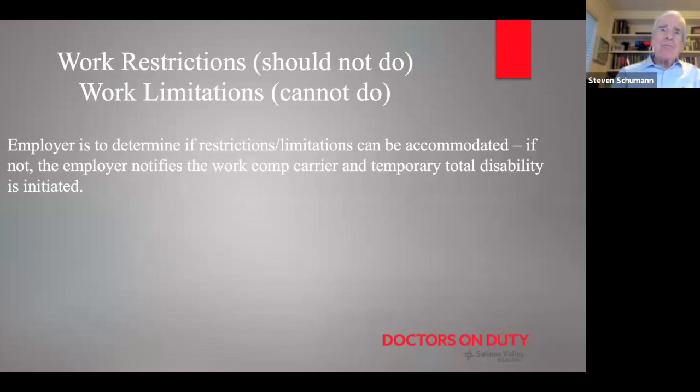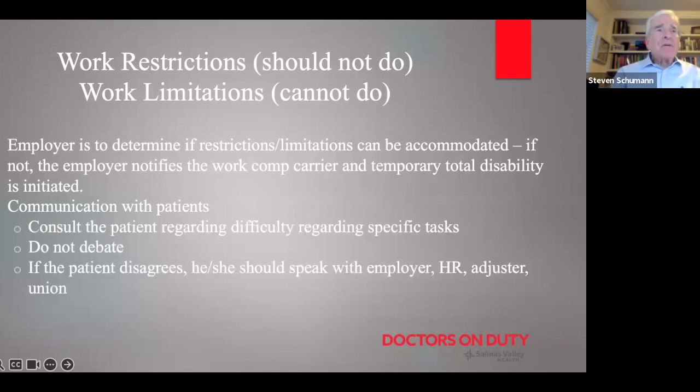But again, let the employer make the decision about whether or not those restrictions can be accommodated. And again, only in unusual circumstances should we really be taking patients off work, if it's clearly obvious that that's the case.